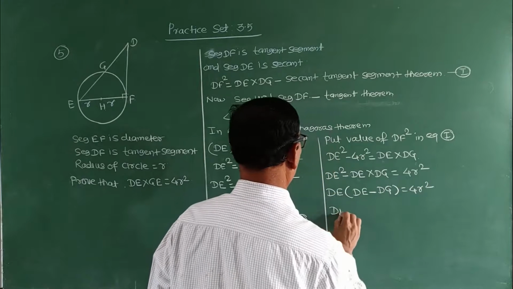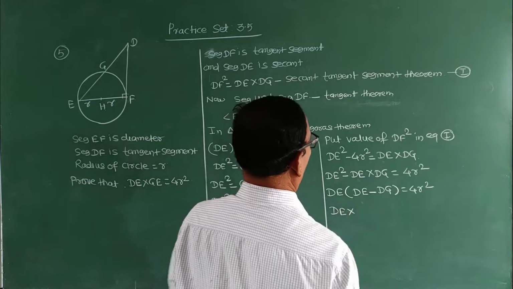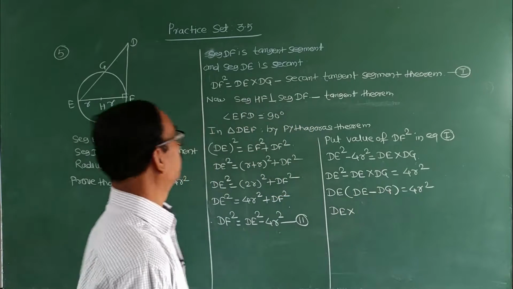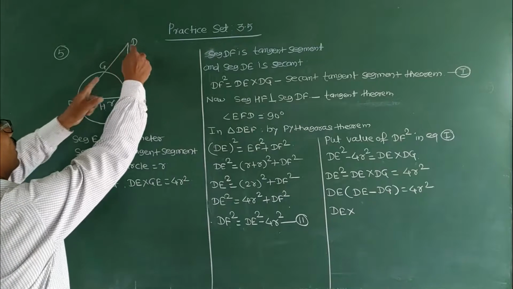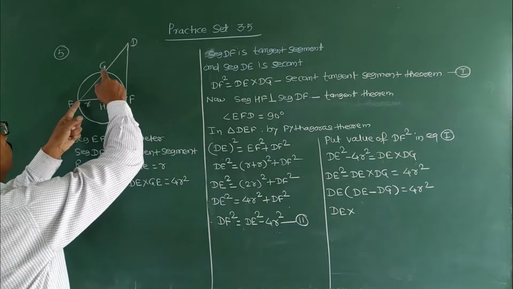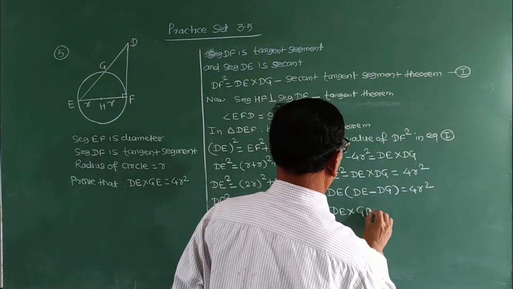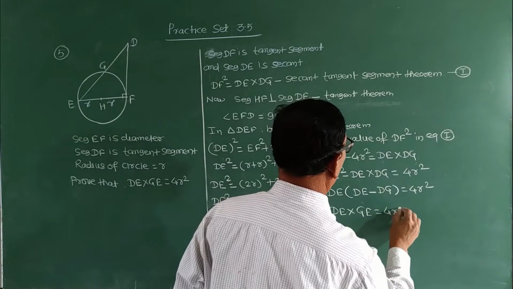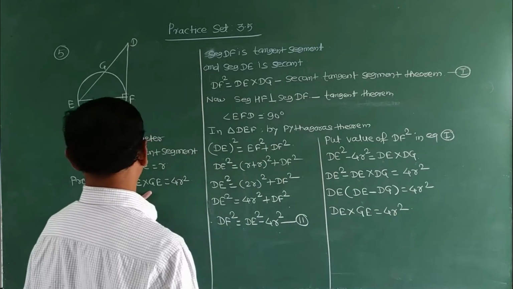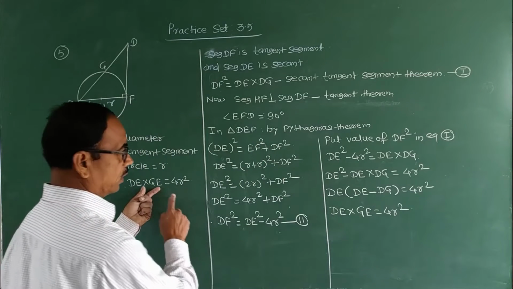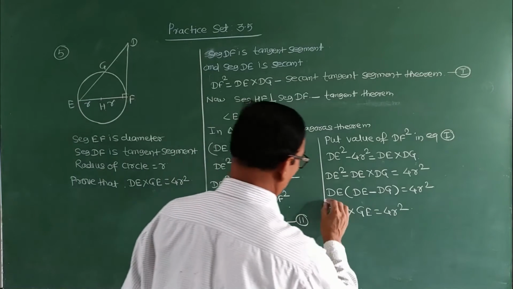From the figure, DE minus DG will be equal to GE. So this will be DE into GE equal to 4R square. And here we have proved DE into GE equal to 4R square.